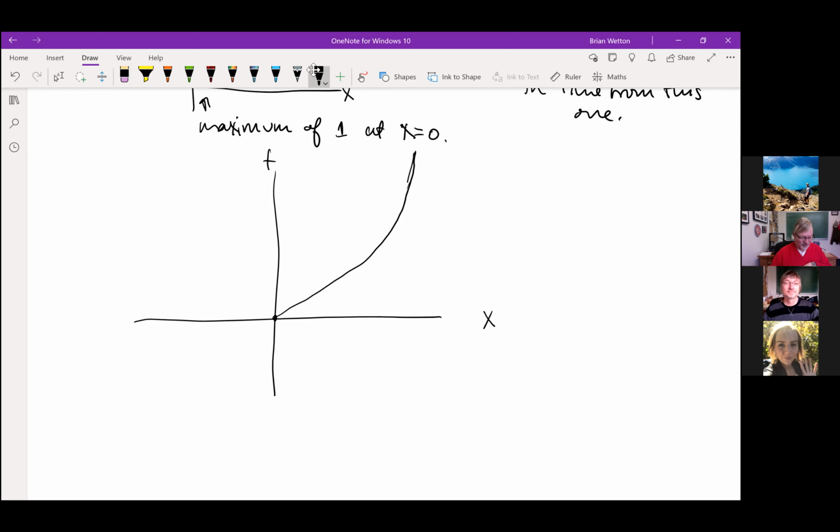So I know that the shape is going to look something like this. And then over here, I'm going to have something that's moving more slowly, and then it'll have maximum speed, and then it'll have exactly the same shape after that, right? So I'm going to have these kind of curves.